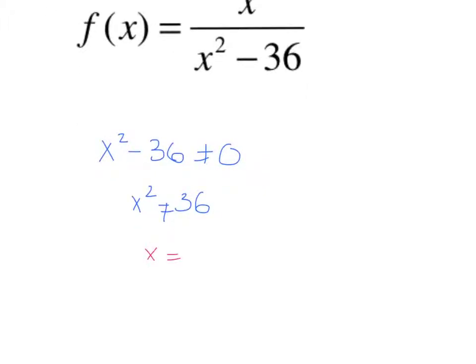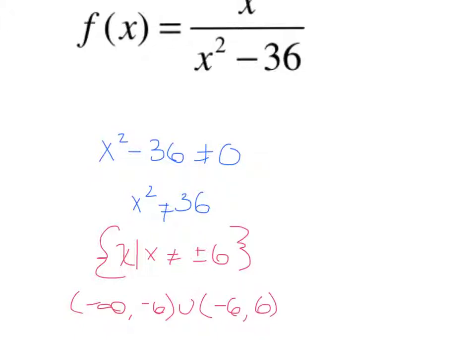Good. So x cannot equal plus minus 6. So if I put positive or negative 6 here, then it would be undefined. So for all values x, x cannot equal plus minus 6. If I'm using interval notation, I'm excluding negative 6 and 6 from the domain.